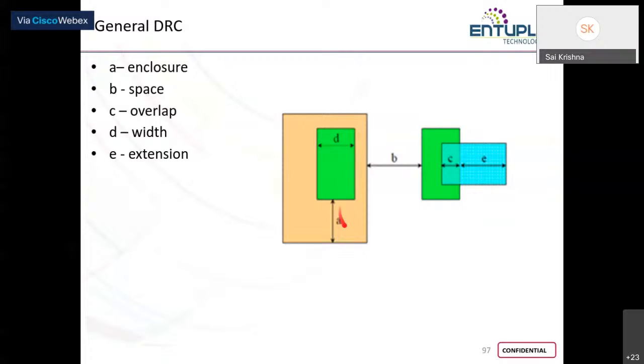You can see the minimum enclosure for a via, the space between two nets or between two layers, in any form. And if a via has to be put down between two layers, there should be a minimum overlap between the two layers. Even that is checked, so all the rules as such are taken into consideration and checked across your design.